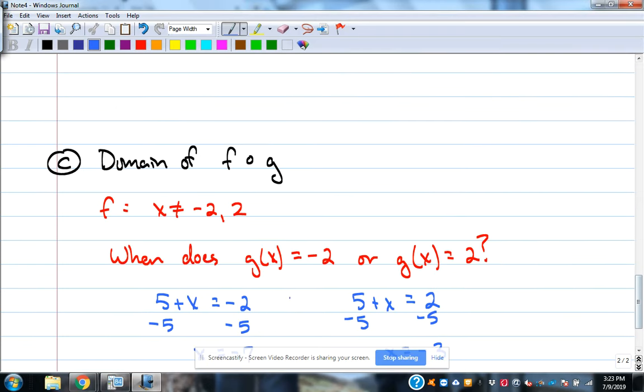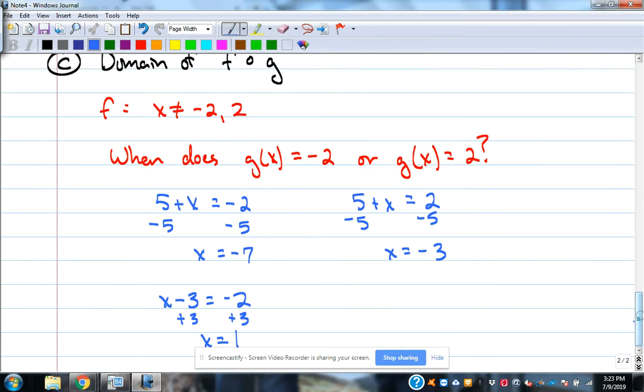So we disregard that one because it's already taken care of by the inequality. And we take x minus 3. When is it equal to positive 2? If I add 3, that's going to be 5. And 5 is greater than 3, so that is going to be a value that we've got to take into account.